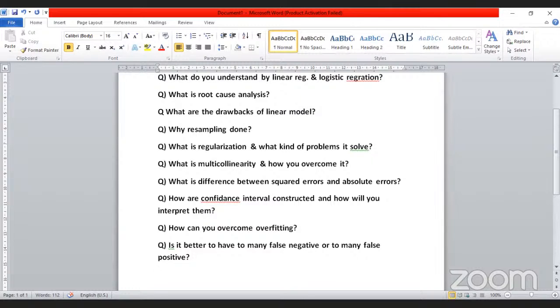In this scenario, we give much more importance to false positive rates. So it totally depends on the scenario, on the domain, for which domain's problem you are going to solve. It will depend on which one you are going to give more value, false negative or false positive.